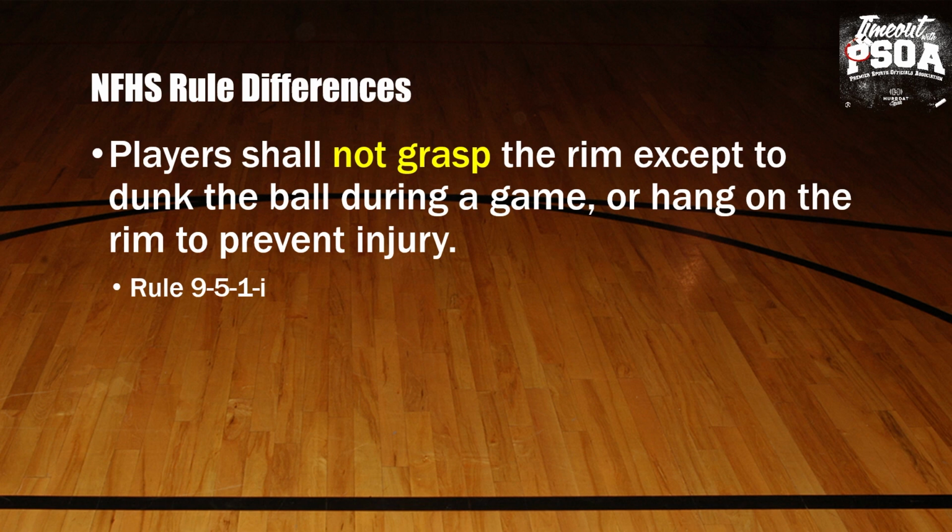In JUCO basketball, the players cannot grasp the rim, just like high school. In NCAA Division III, Division II, Division I, and NAIA, they can dunk before the game. But in high school basketball, a player cannot grasp the rim unless it is to dunk the ball, or they can hang on the rim to prevent injury, whether that's them swinging back and forth.